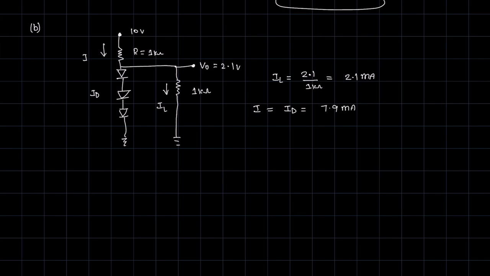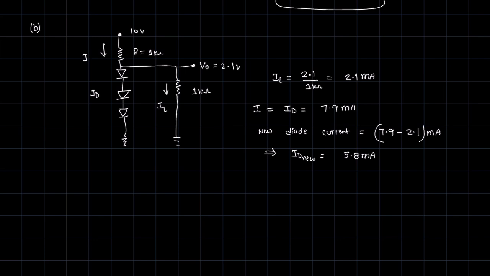So the new diode current when connected to a load is 7.9 minus 2.1 milliamperes, because by introducing a load resistance across the output we expect less current through the diodes. So ID new is 5.8 milliamperes, because the load is drawing 2.1 milliamperes.